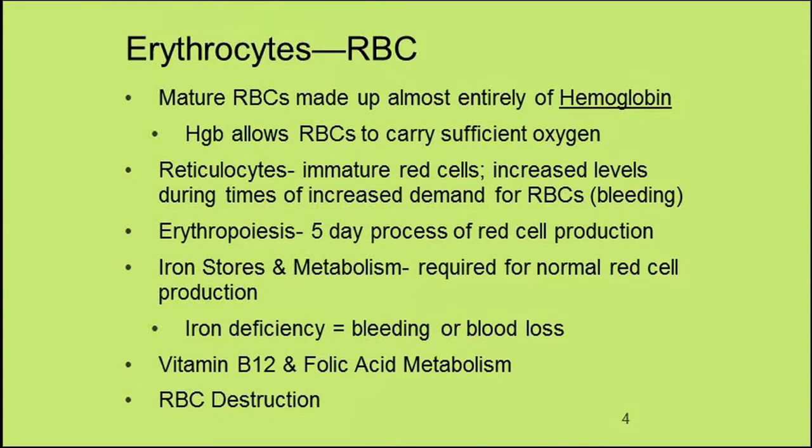The normal lifespan of a red cell is about 120 days. After that point, it gets filtered out by the liver and the spleen. Most of the hemoglobin and the iron are going to be recycled when that red cell is destroyed. Some hemoglobin breaks down into bilirubin and gets secreted into the bile or feces.